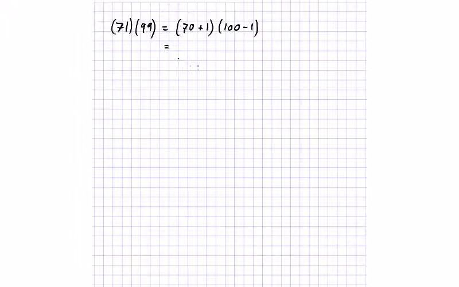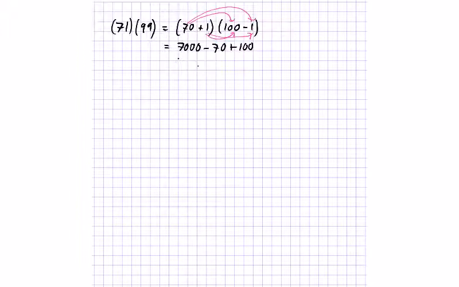When you do that, you will first take 70 times 100 and get 7,000, and then you will take the 70 and multiply it by -1. So you will subtract 70, and then you would take the 1 times the 100, and that would give you plus 100, and then you would finally have 1 times -1.